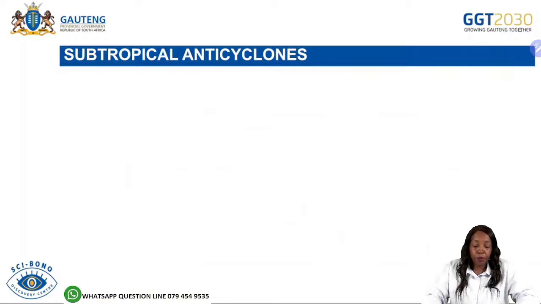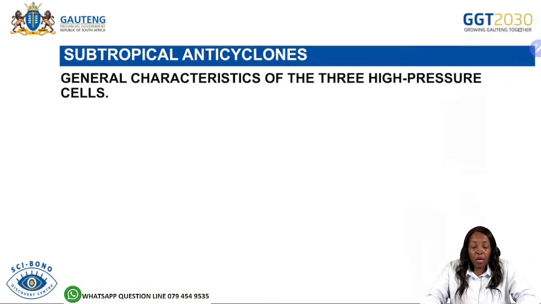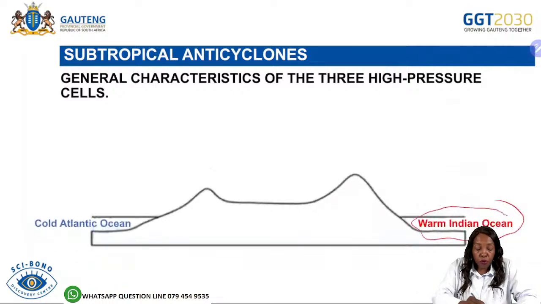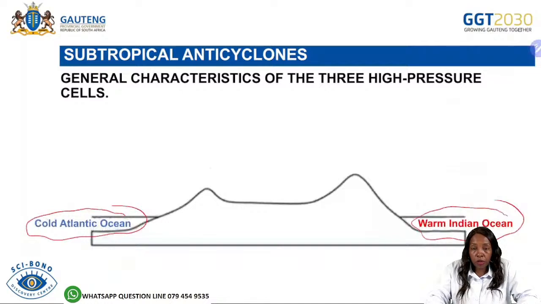All right, we are now going to look at the general characteristics of all three high pressure cells. What we have here is the cross section of South Africa. This is your east coast over the Indian Ocean, and then we've got the west coast that has the Atlantic Ocean.